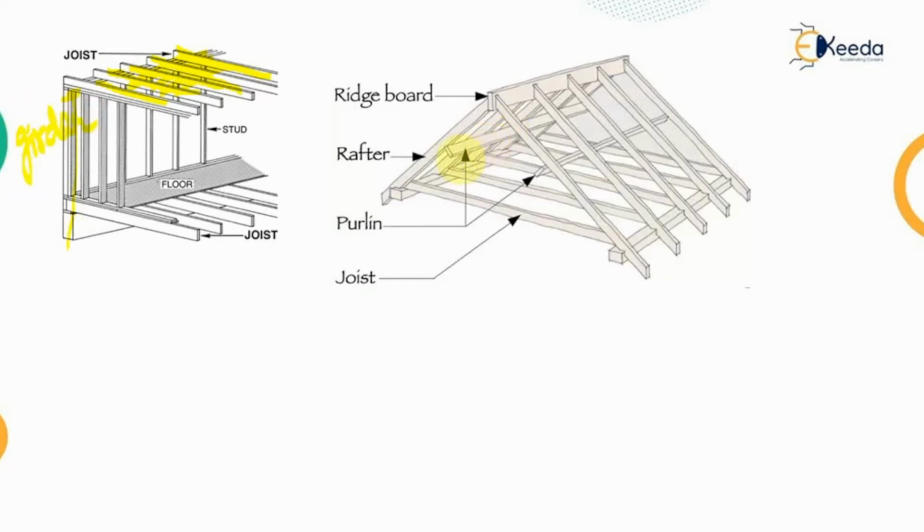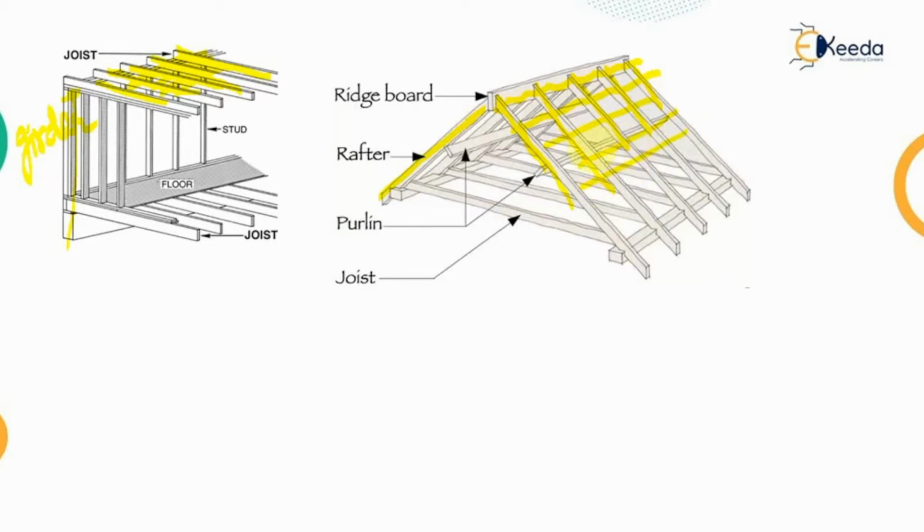Similarly, in case of the pitched roof truss, we can see that the purlins are the inclined members on which the roof material, usually GI sheets or other type of sheet used as the roof covering material, is provided on top of it.